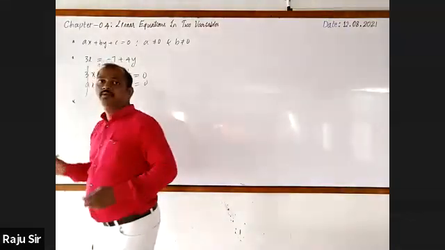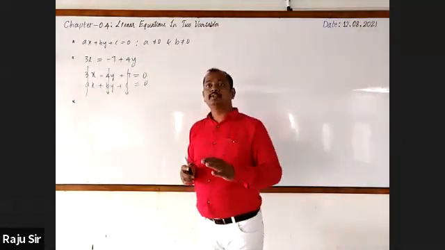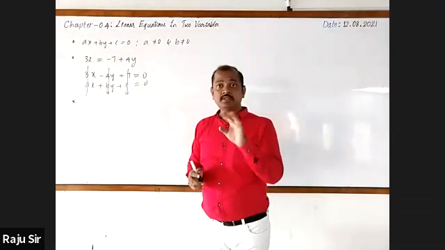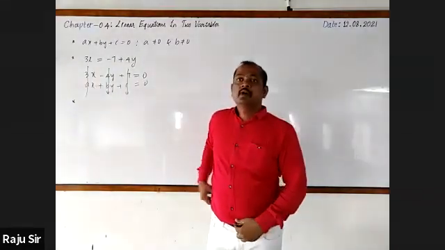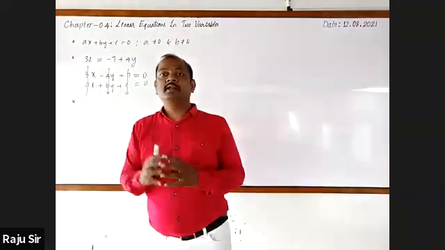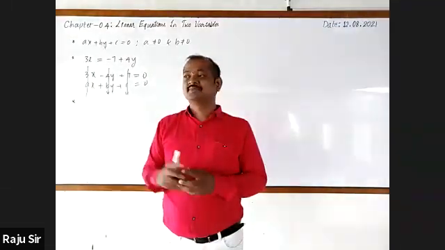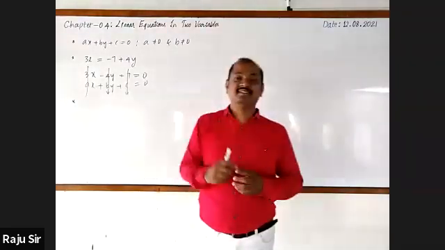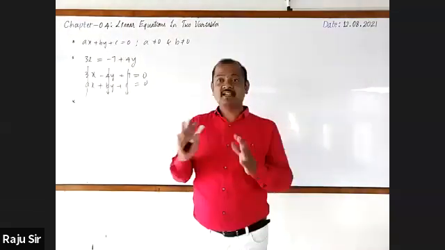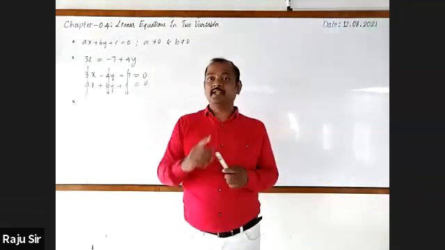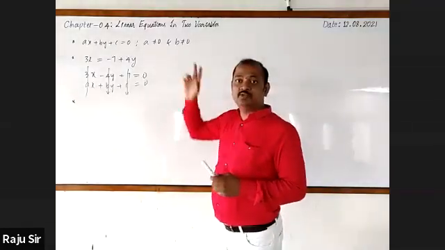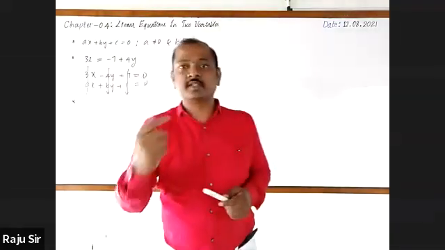After that, we came across another important concept. Could you tell, in general, how many solutions does a linear equation have? In general, it is 1. But if it is a linear equation in two variables, how many solutions does it have?